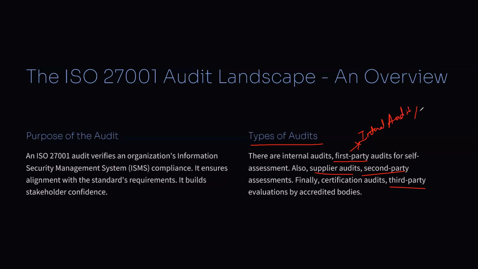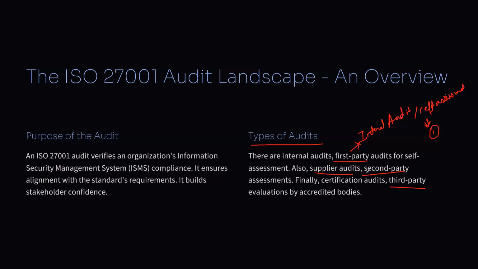We also call it a self-assessment. Generally this is done annually, or you can say biannually. It depends on the organization, and the recommendation is at least once a year. This needs to be done before the certification. You can go twice or thrice a year as well, depending on the organization. But the recommendation is that this needs to be done at least once a year before the certification audit.